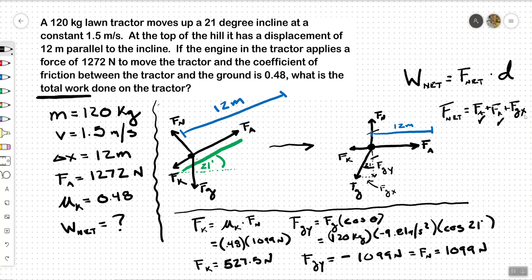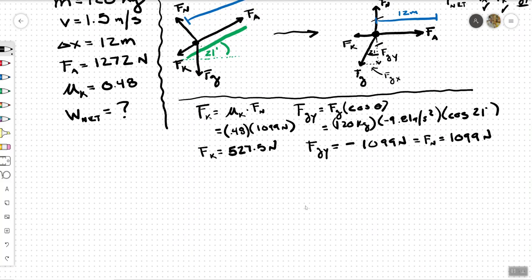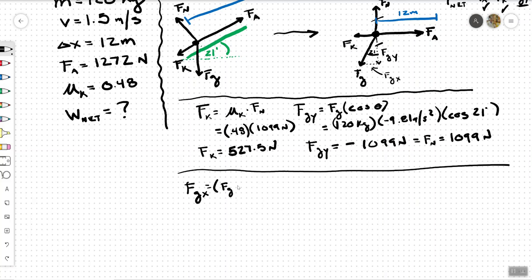Okay, so the last thing I need is the horizontal component of the force of gravity, since that's pulling it down as well. So I can solve for that by taking, in my picture, it's opposite, so that would be sine. So it would be equal to the force of gravity times the sine of the angle.